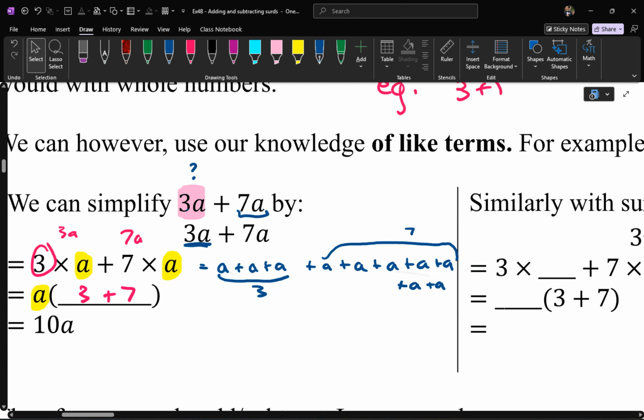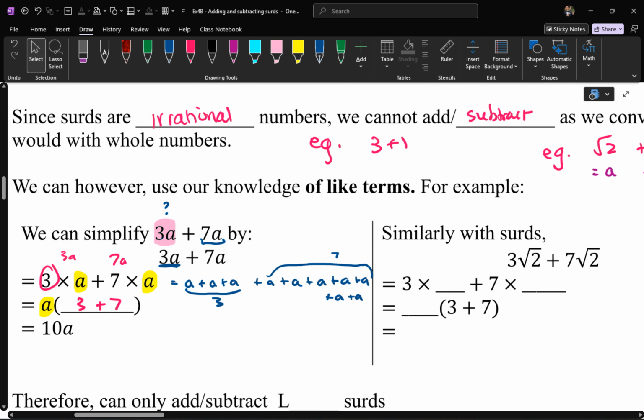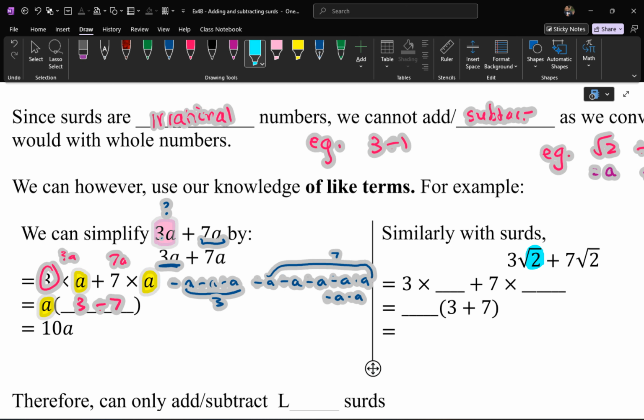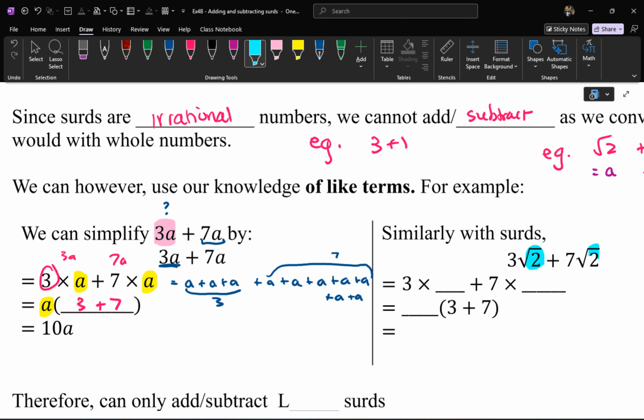Now, if you look onto the right-hand side, it's exactly the same with surds. See, I can say, what is 3 root 2 plus 7 root 2? I don't know what root 2 is, just like I don't know what A is. They're exactly the same things. This root 2 is a number that I don't know, and this root 2 is also a number that I don't know. But what I do know is they're both the same.